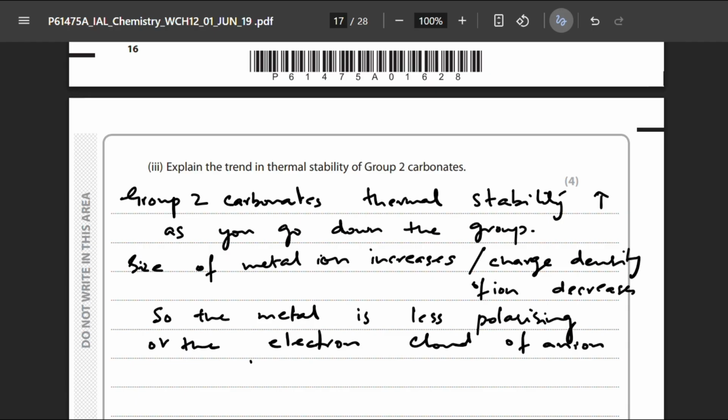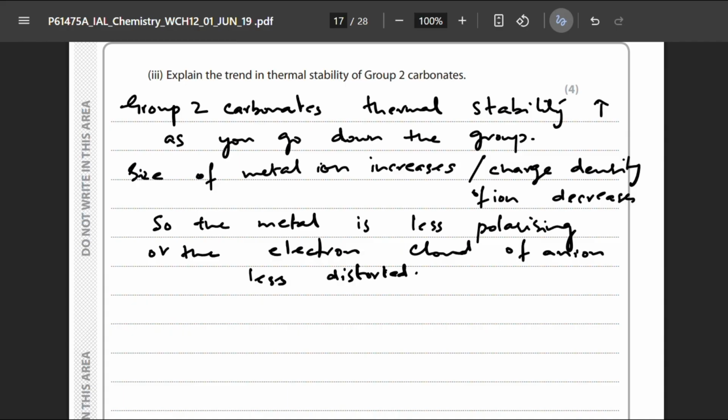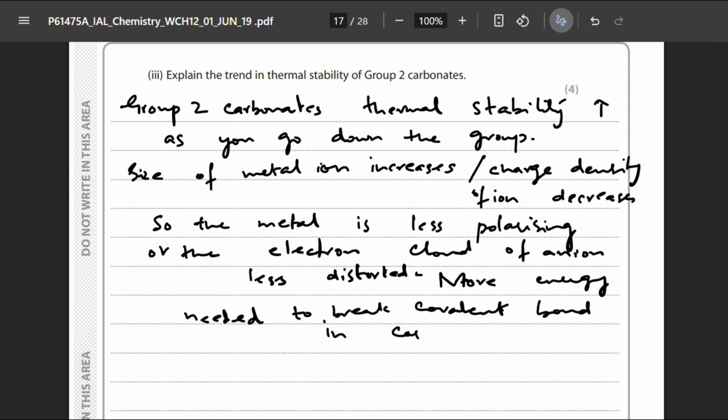So the electron cloud of the anion is less distorted, less polarized, and as a result, more energy is needed to break down the covalent carbonates.